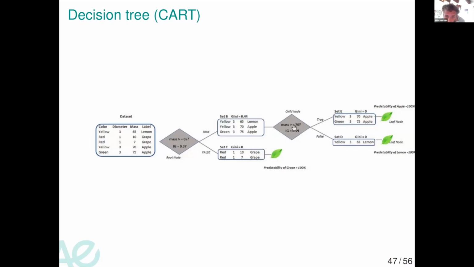And if you use this binary question, you have the lemon alone in this leaf, and here you have the two apples in this leaf. So you have your decision tree with only two questions, and you could use it to classify your dataset.